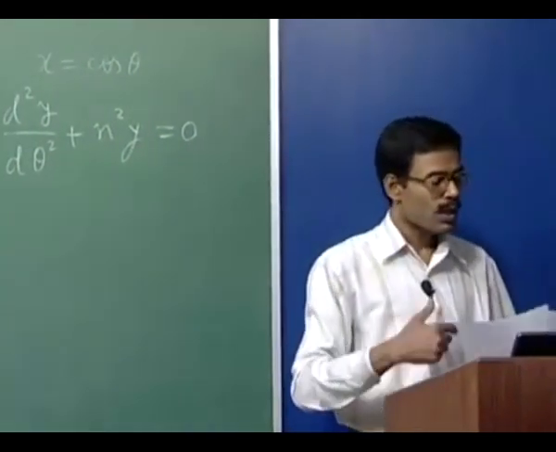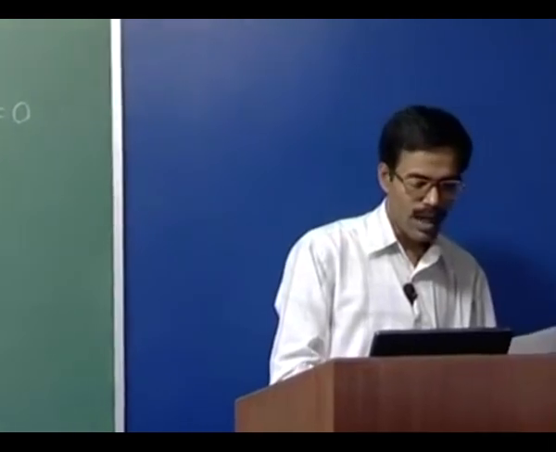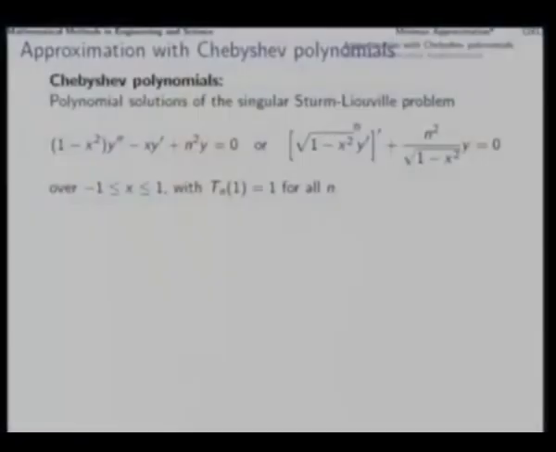That is why we are particularly interested in the polynomial solutions of this differential equation, and note that this differential equation also defines a singular Sturm Liouville problem, just like the Legendre equation, because here the function r(x) which appears here is 0 at x equal to minus 1 and at x equal to 1.